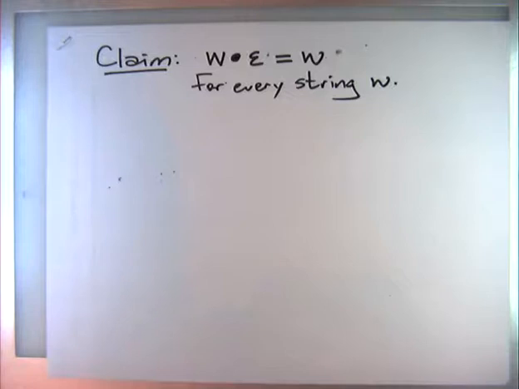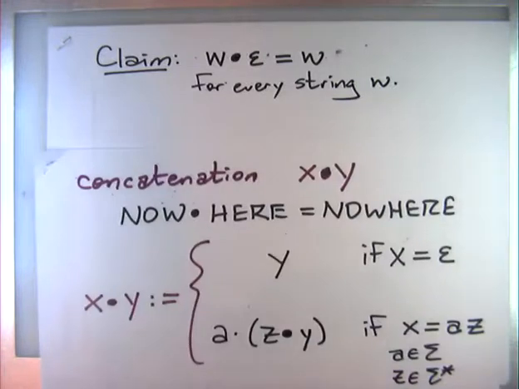By definition, concatenating the empty string on the front of something else gives you that something else. I want to prove that that also works in the other direction. Concatenating the empty string on the end of another string doesn't do anything to that string.